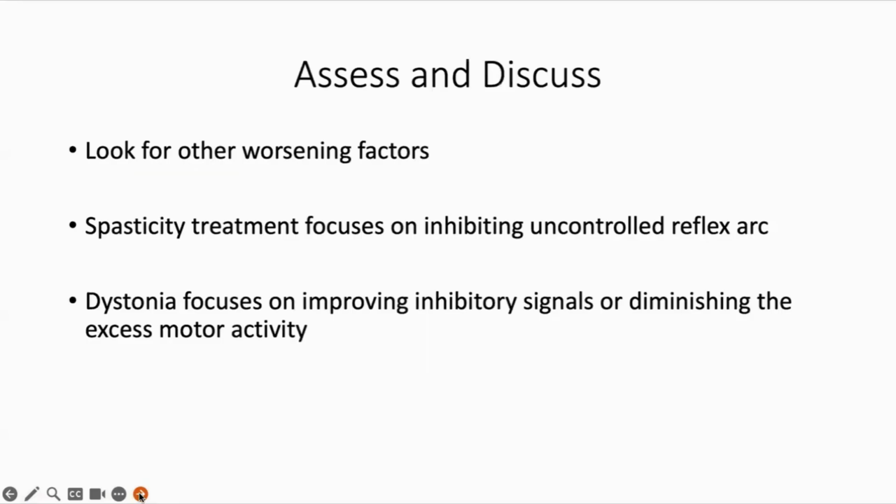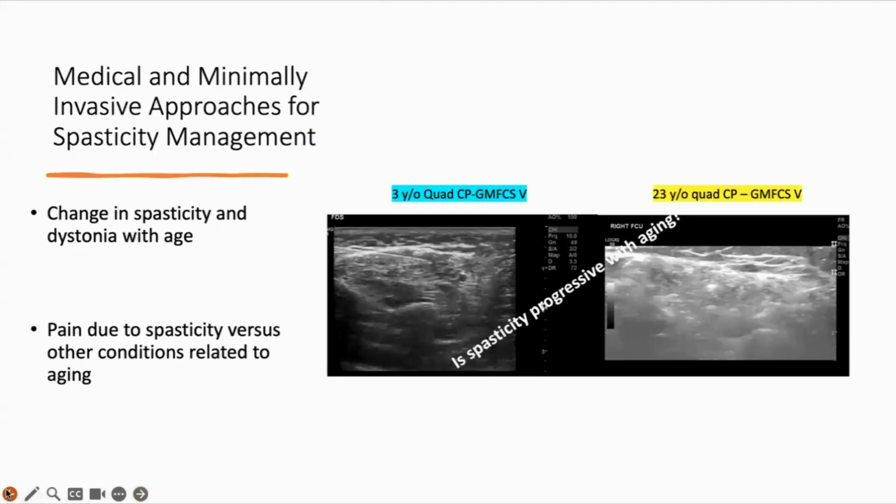Previous slide, please, still. Thank you. Here you see pictures, and also spasticity changes. Spastic muscles change with aging. Here you see two pictures of elbow, wrist, and finger flexors, the same muscle groups in a child and an adult.